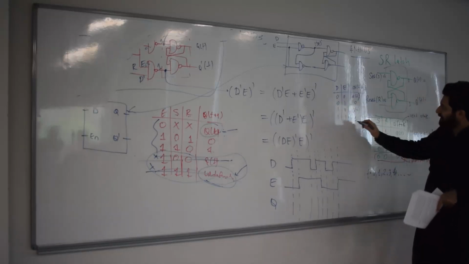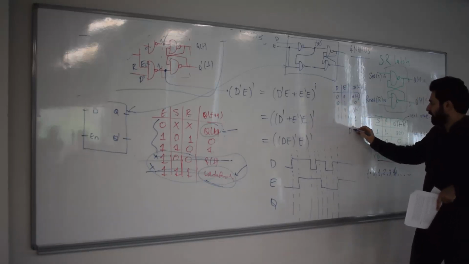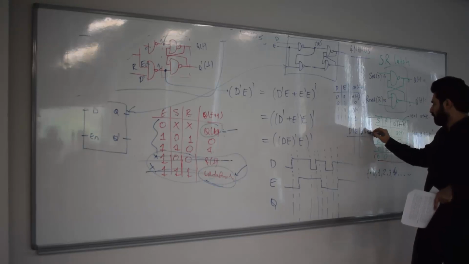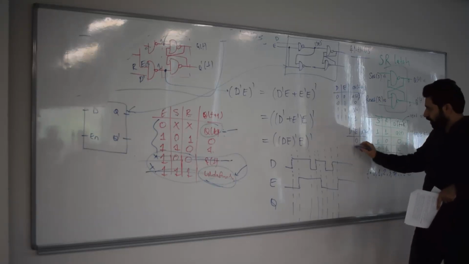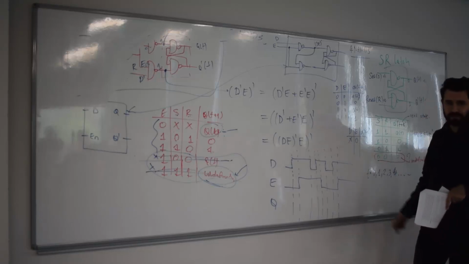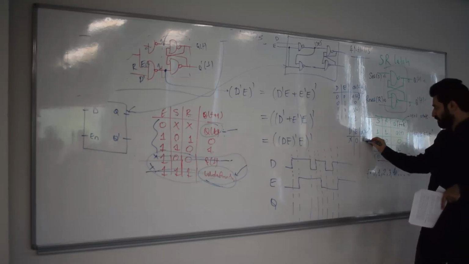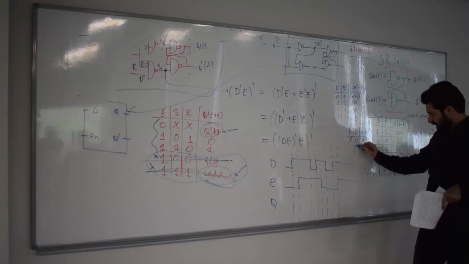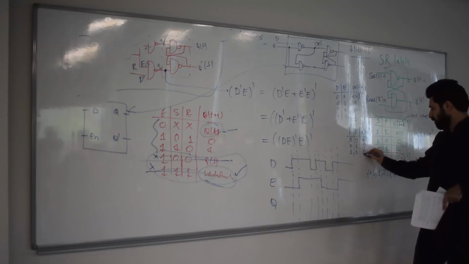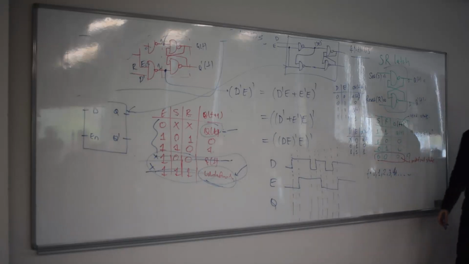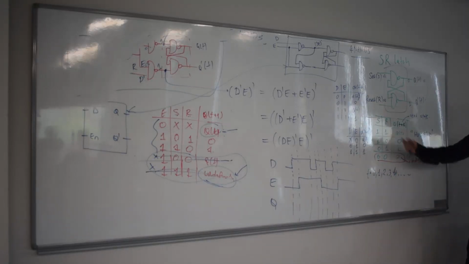Instead of writing this way, we can write D and E and Q(t+1). If E is 0, D doesn't matter, so it keeps Q(t). And if E is 1, we write 0 or 1. It's a pretty simple version of the same state table.